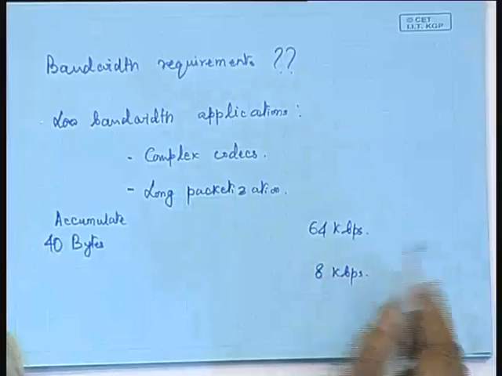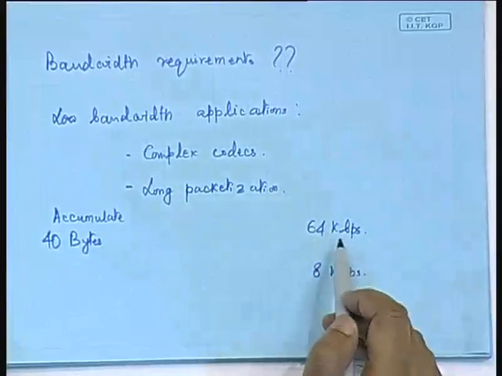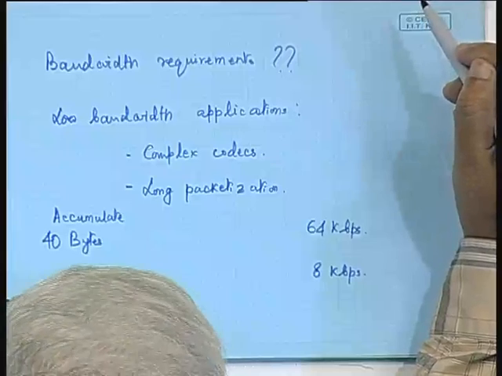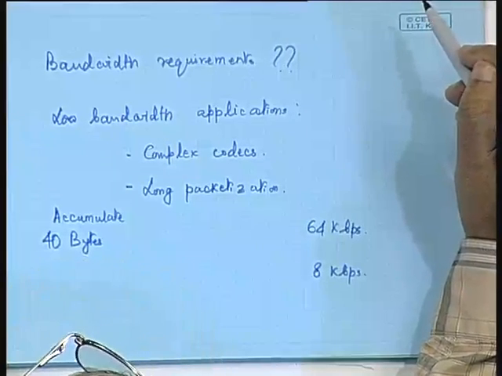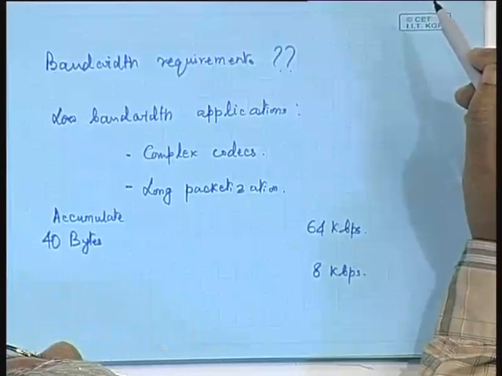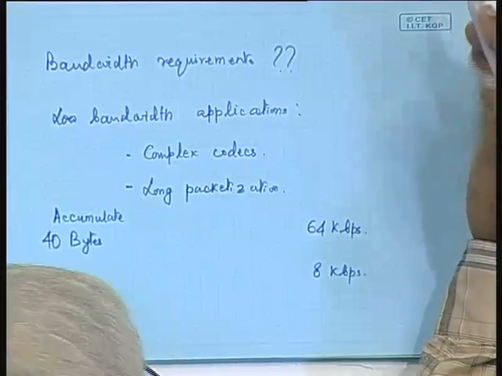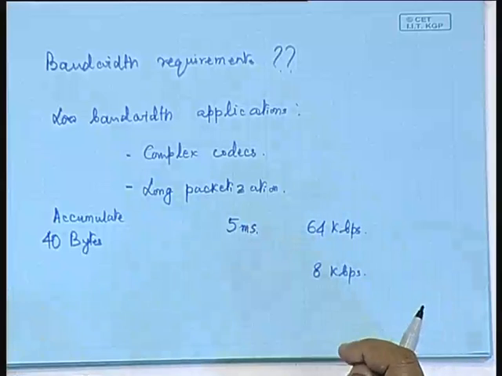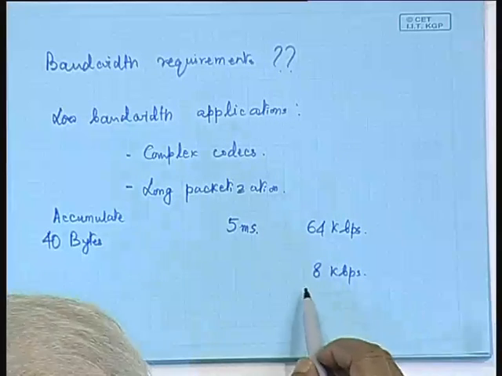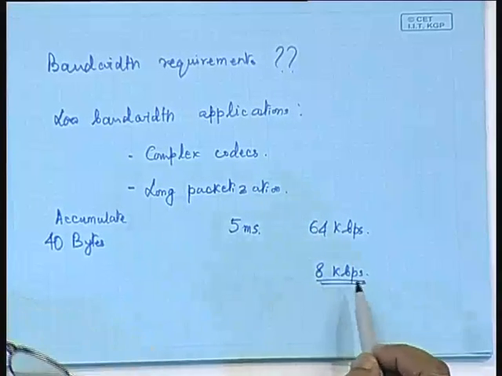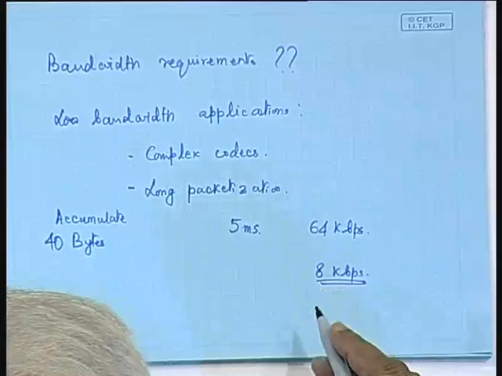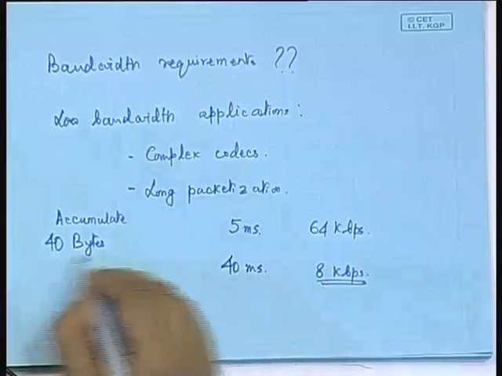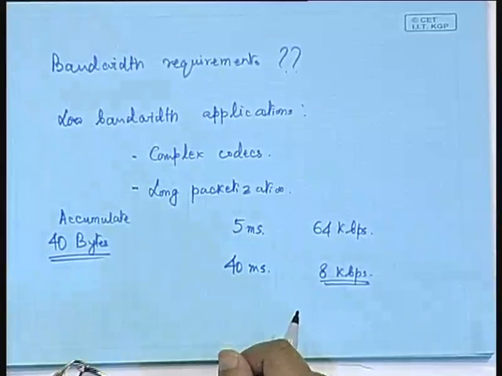Now, whenever we are using 64 kbps, it means 8 kilobytes per second. So, for 40 bytes of data we require 5 milliseconds of accumulation time, whereas when the bit rate is reduced to 8 kilobits per second, we have to accumulate 40 bytes in 40 milliseconds.